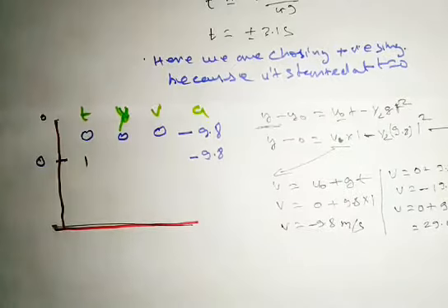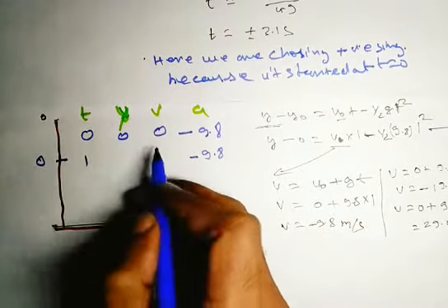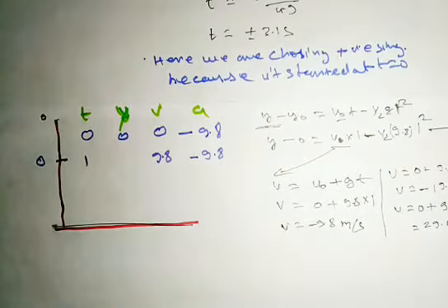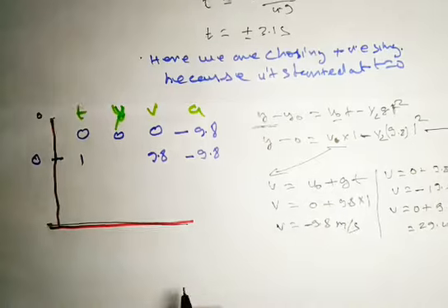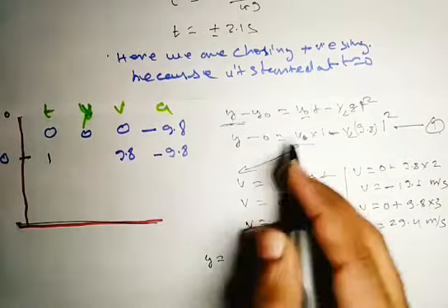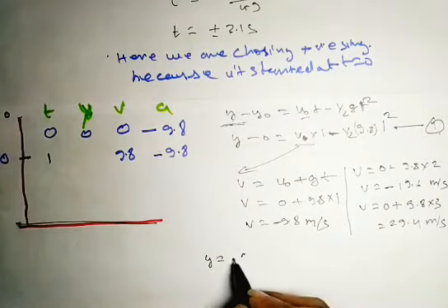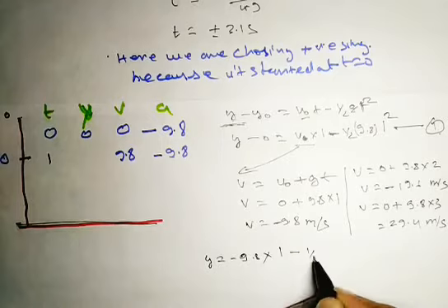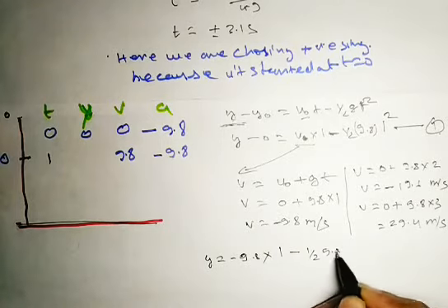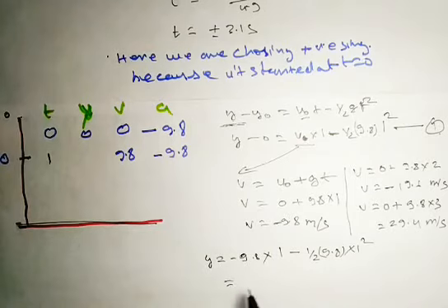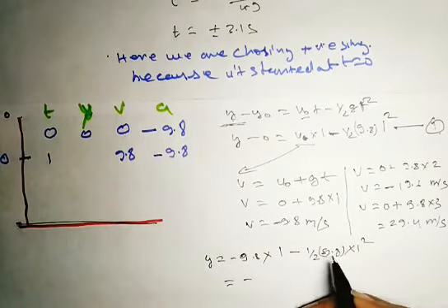So here we have found that v equal to 9.8. Putting this in equation 1, what do we get? y equal to minus 9.8 into 1 minus half into 9.8 into 1 squared. This is also negative.